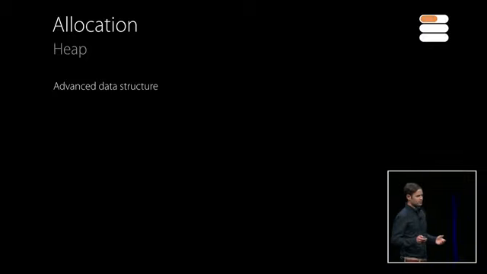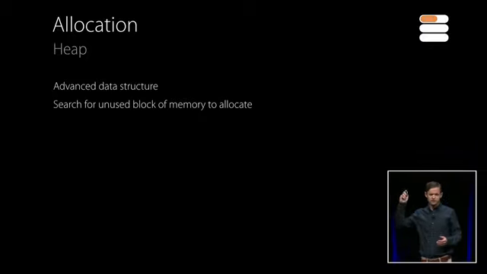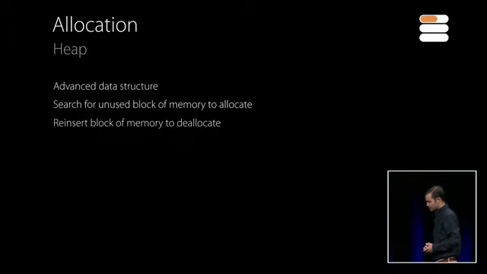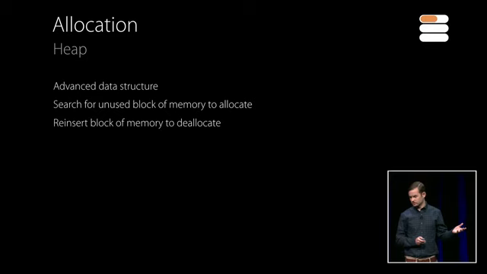So if you're going to allocate memory on the heap, you actually have to search the heap data structure to find an unused block of the appropriate size. And then when you're done with it, to deallocate it, you have to reinsert that block of memory back into the appropriate position. So clearly, there's more involved here than just assigning an integer like we had with the stack. But these aren't even necessarily the main costs involved with heap allocation.